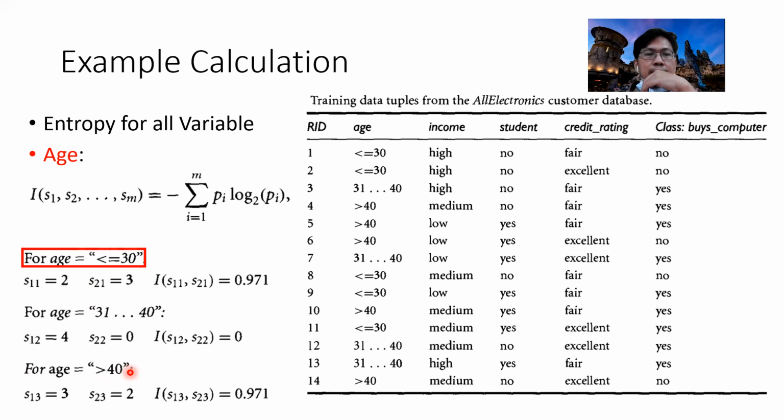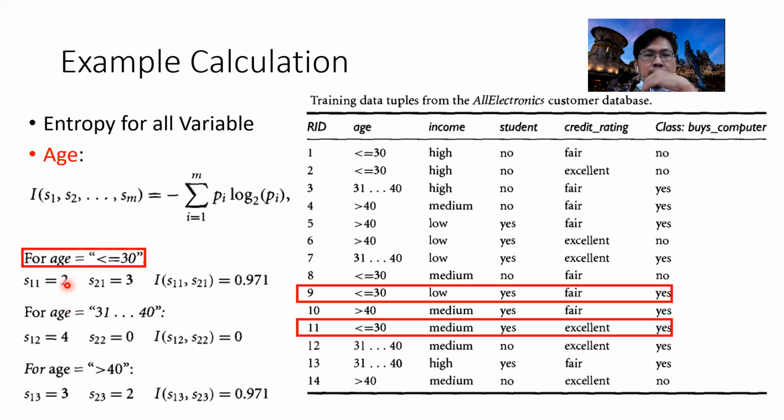We see that there are 2 yes and 3 no. We see there are 2 yes for age under 30 and 3 no. And we calculate using this equation, for age the result is 0.971, and also we continue to calculate for age 31 to 40 and more than 40. You can see the result here: 0 and 0.971.